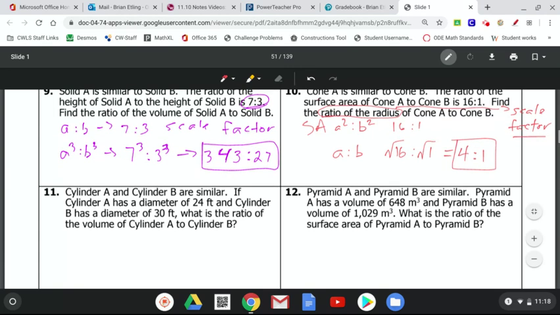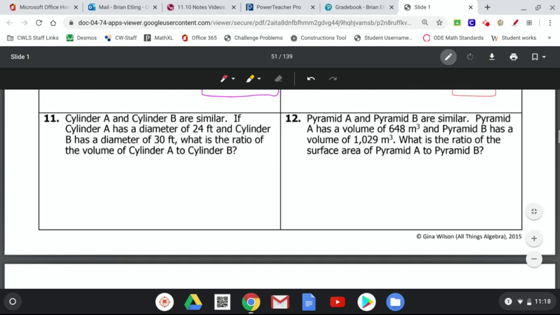All right. So for number 11, it tells you that cylinder A and cylinder B are similar. Cylinder A has a diameter of 24 feet, cylinder B has a diameter of 30 feet. That's specific parts in the cylinders. Since the figures are similar, those specific parts in simplest form will give us the scale factor.